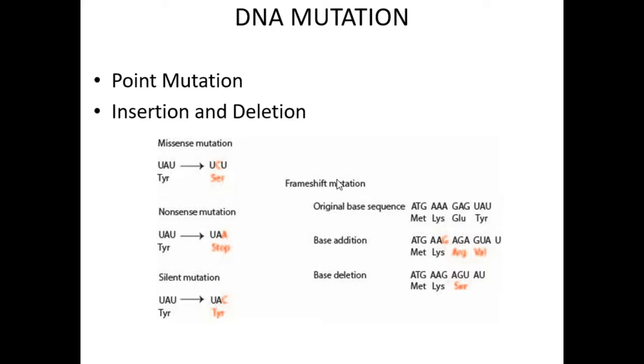For a 3 base insertion or deletion, sometimes they don't change the codon frame for protein synthesis, but they may cause diseases. If you add 3 nucleotides in between, you don't change the reading frame, but the overall protein sequence has been changed. So 3 base insertion or deletion does not change the codon frame for protein synthesis, but may cause a disease.